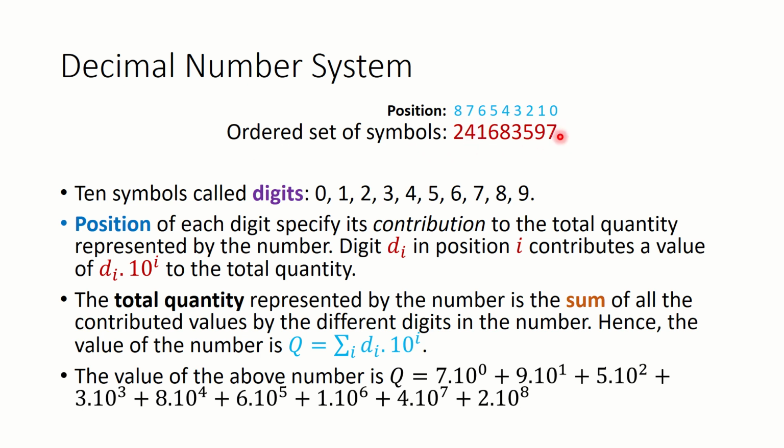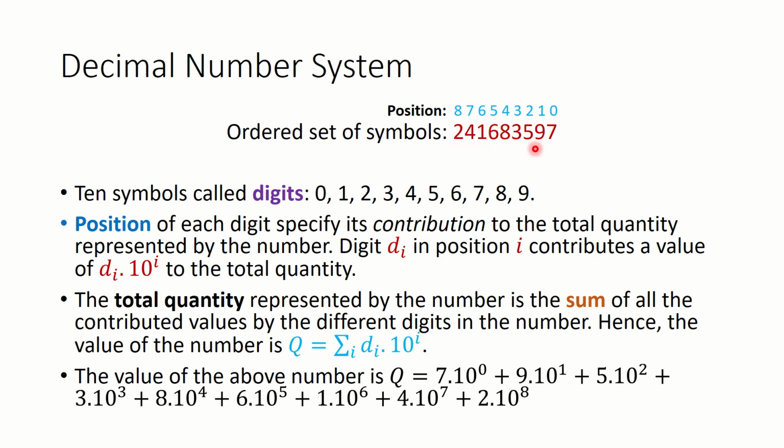So, all these are symbols, and we know what these symbols are conveying to us. Like this particular symbol conveys the quantity 2, this particular symbol conveys the quantity 4, this 1, this 6, this conveys the quantity 8.